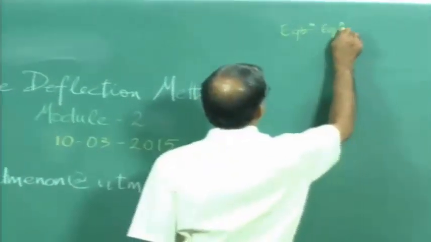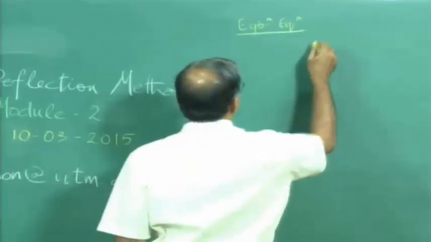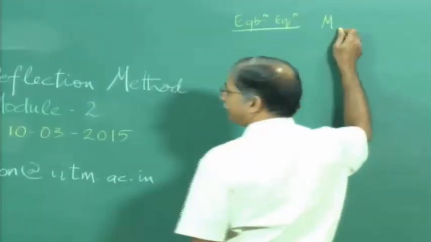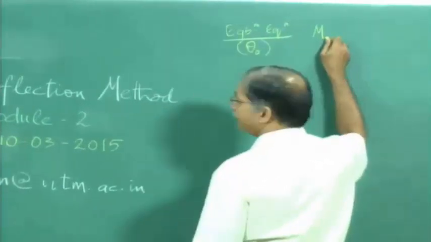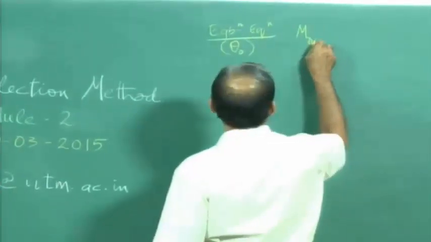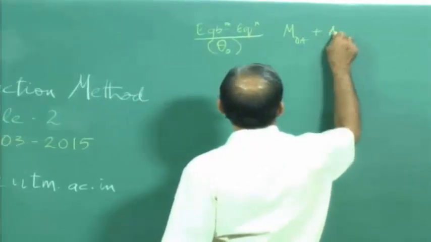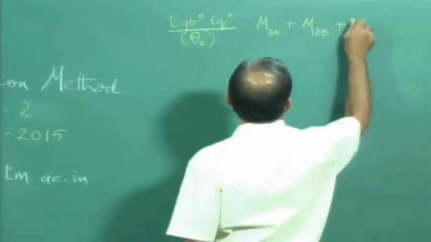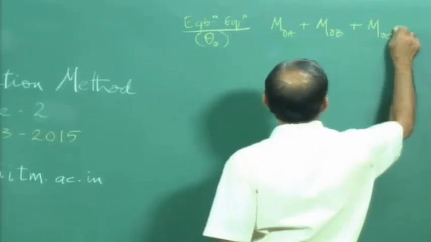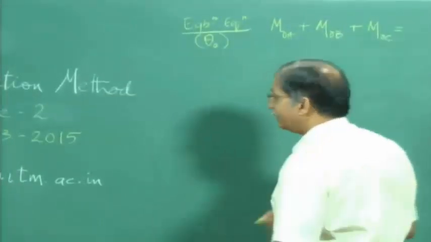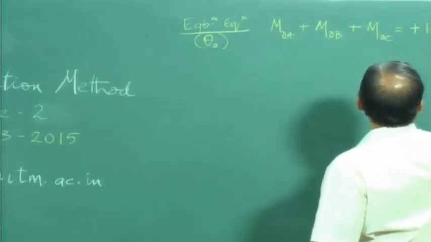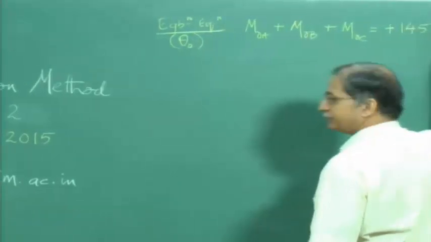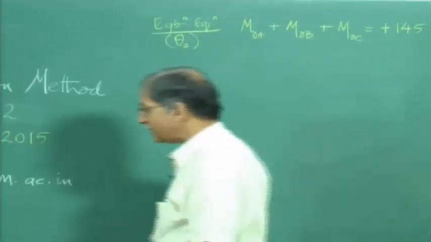Okay. So the equilibrium equation is M corresponding to theta naught is M OA plus M plus 145 kilonewton. So let's do that.